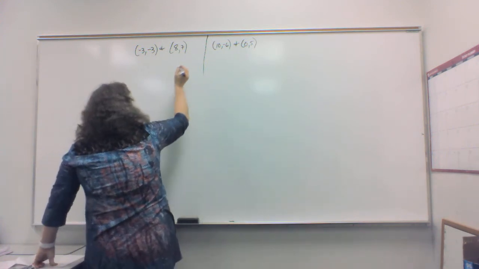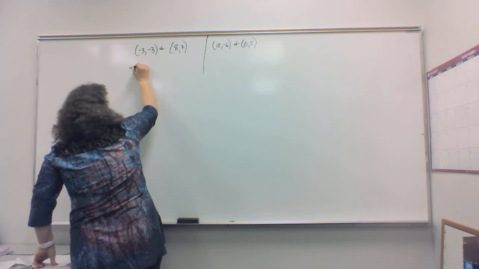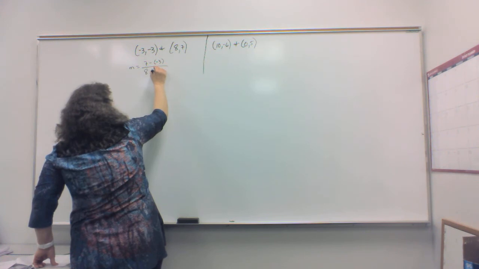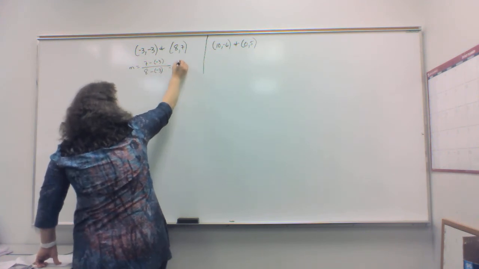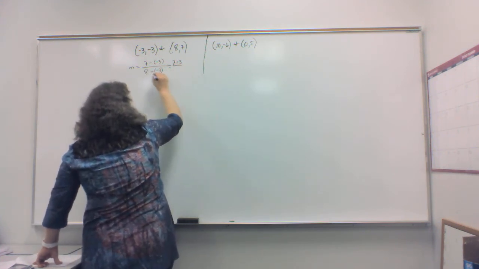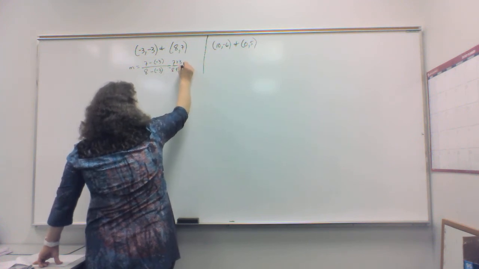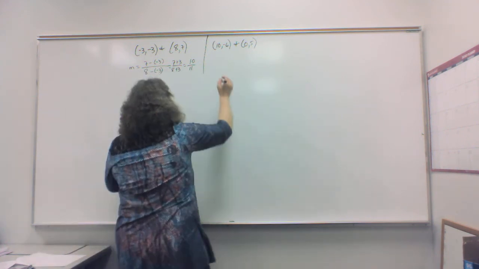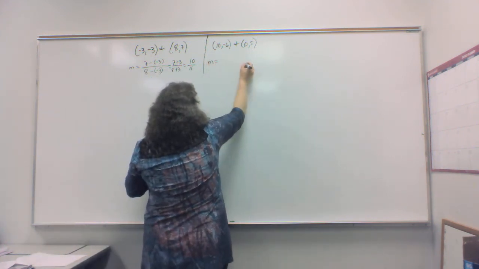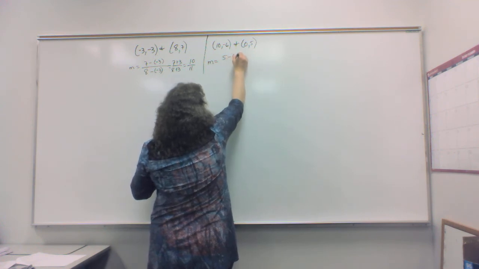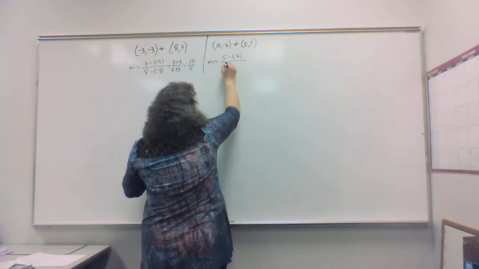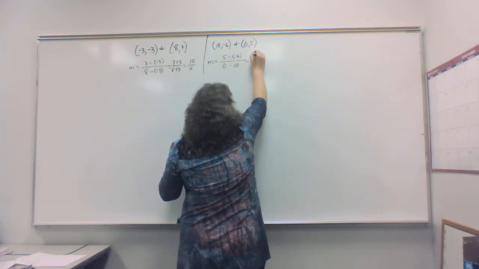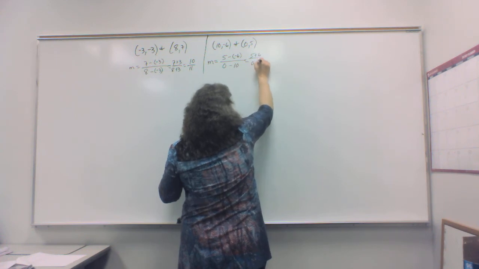Okay, we have m is equal to 7 minus negative 3 over 8 minus negative 3 equals 7 plus 3 over 8 plus 3 equals 10 over 11. Okay, let's do the next one. M equals 5 minus negative 6 over 0 minus 10, which equals 5 plus 6 over 0 minus 10.